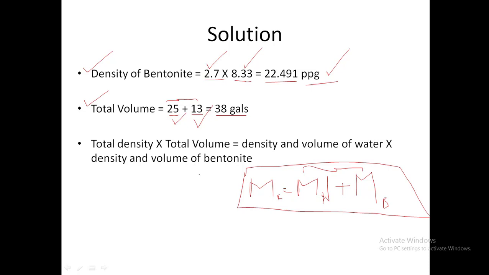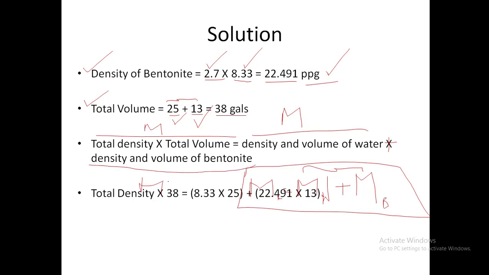So the same formula I have applied here: this is the mass of the final fluid, this is the mass of water, and here it should be plus density into volume of bentonite. So this will give you the mass of bentonite. The final term is the total density into the total volume of that particular fluid.